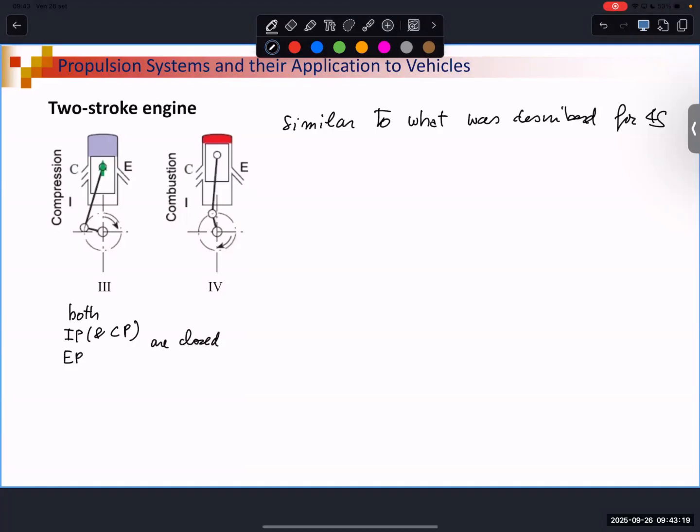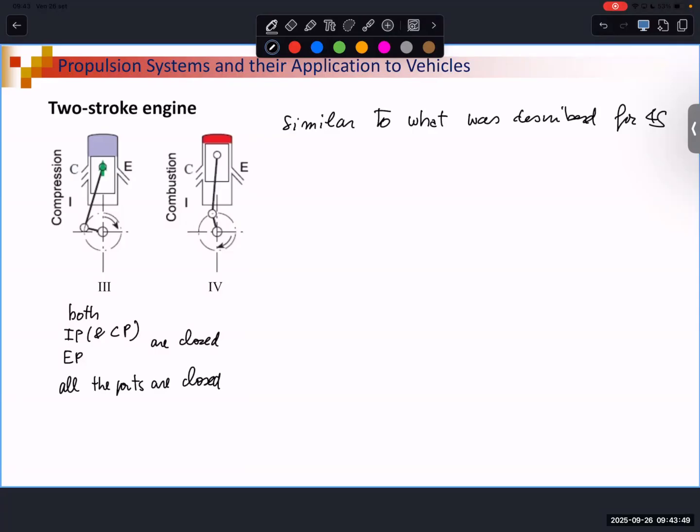In the two phases, all the ports are closed. The piston is going up, we are reducing the volume, and so we are increasing the pressure.